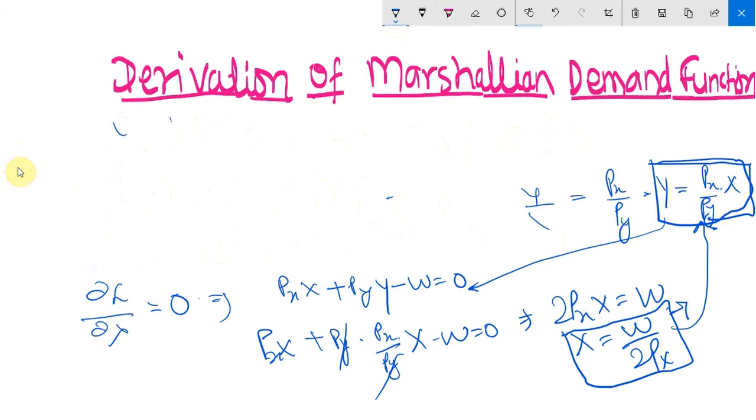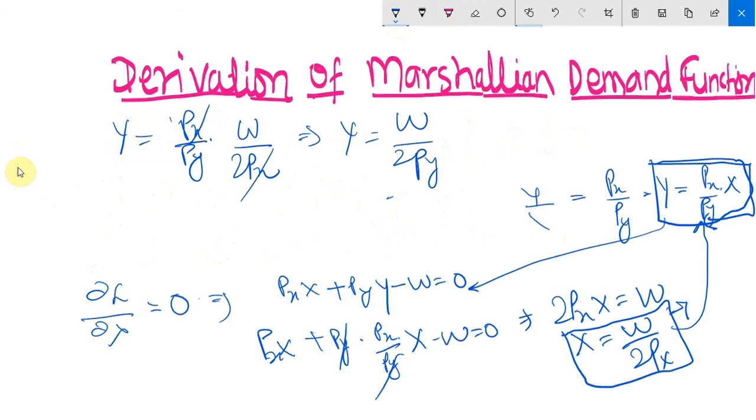So we get y is px over py times the value of x, which is w over 2px. So px gets cancelled and this gives y equals w over 2py. Just like the case of x, this gives us the quantity of y as a function of income and price level. So this is the Marshallian demand for the y commodity.